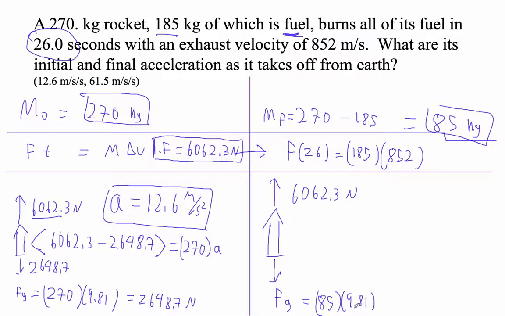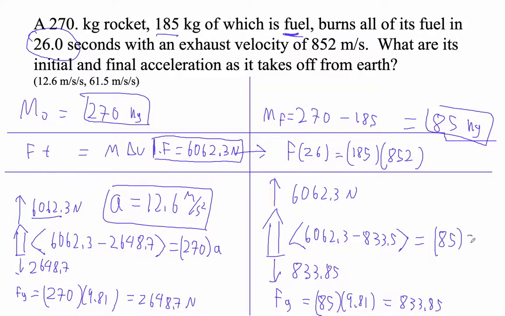So 85 times 9.81 is 833.85. All right, and now we're set. Now we can go 6062.3 minus 833.85 equals 85 times a.